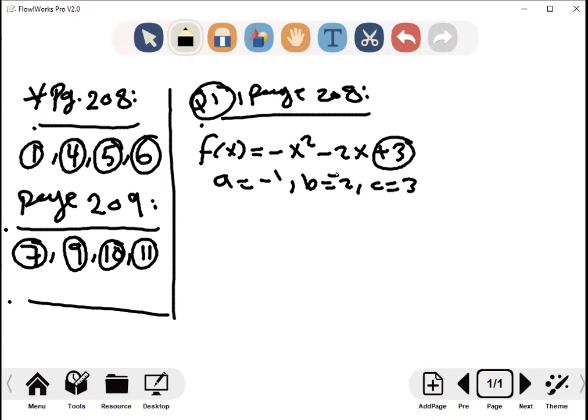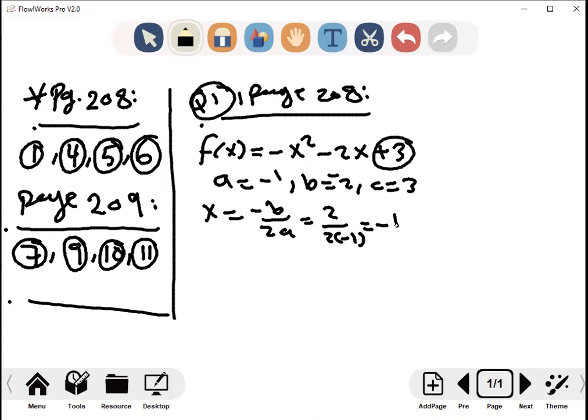Now to determine, let's find the vertex. x equals minus b over 2a. Minus b means 2, over 2 times minus 1, equals minus 1. So the vertex will be at x equals minus 1, right?